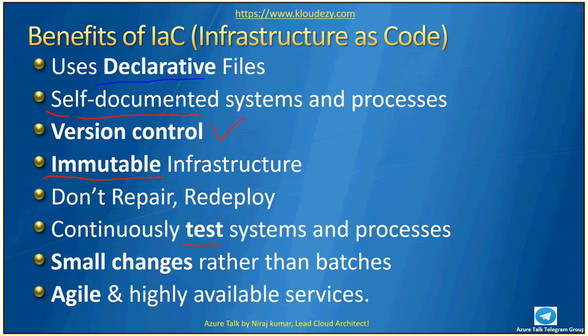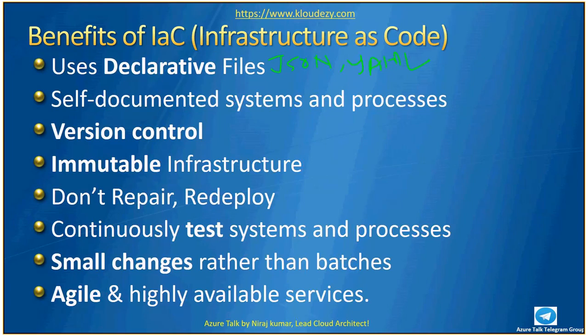I think you have covered most of it. So it uses declarative files. As you have covered, when you use infrastructure as code, you choose a scripting technology like JSON or YAML, which uses a very simple language to code.